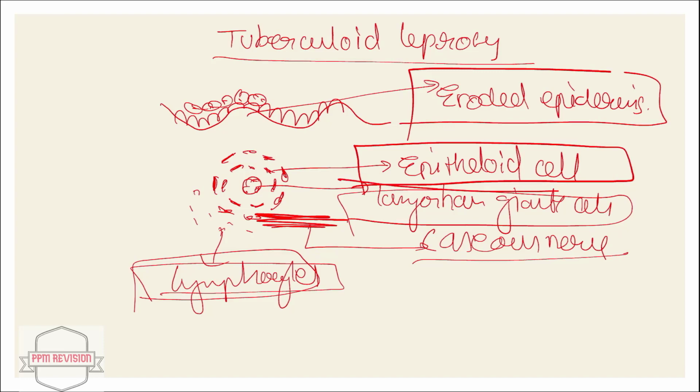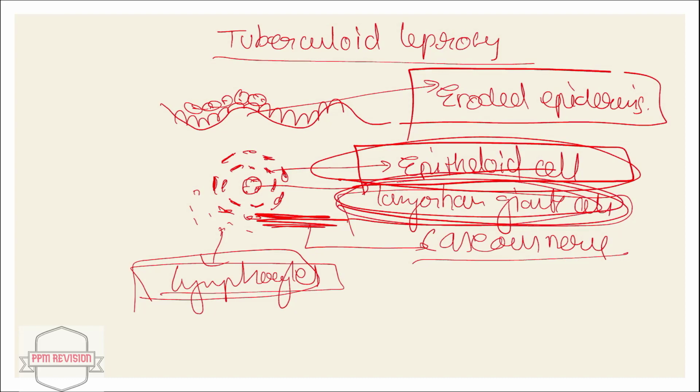So there's presence of the epithelioid cell and also the Langerhans giant cell. These two points are very important. In case of tuberculoid leprosy, we need to know this presence of Langerhans giant cell. They can ask in which type the Langerhans giant cell is present. So we need to know this.